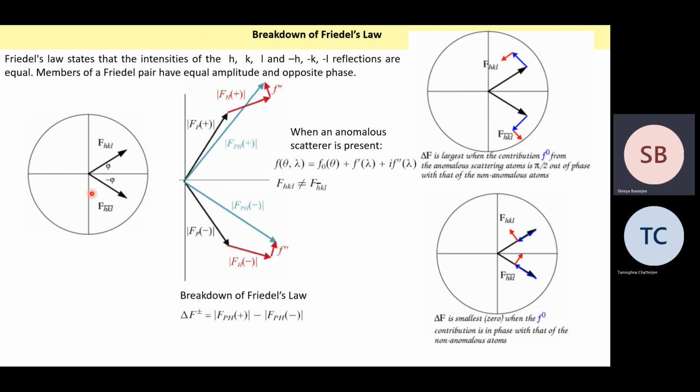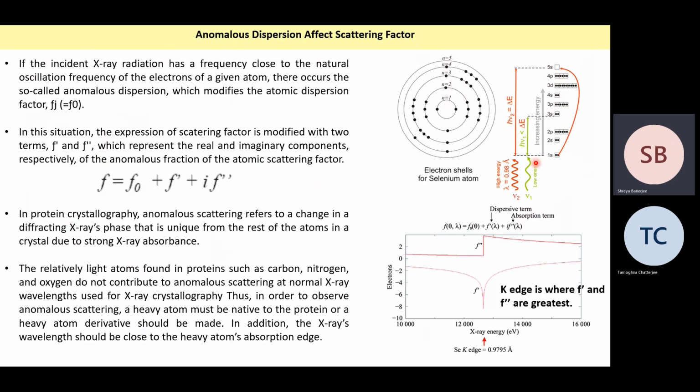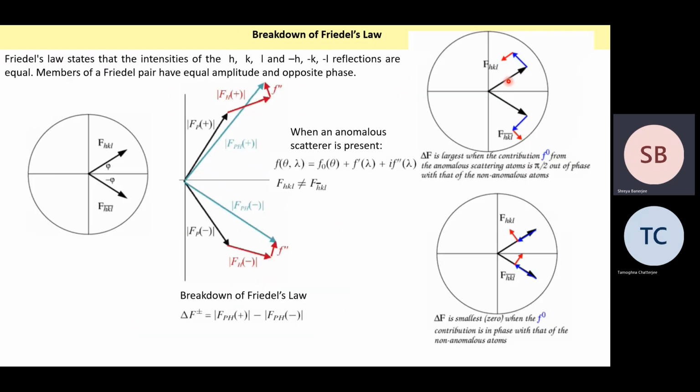So Friedel's law, that the magnitudes of the amplitudes should be the same from HKL and minus H minus K minus L, is no longer valid. Whenever there is an anomalous dispersion effect like this, that is, the energy of the X-ray is absorbed and then it is diffracted, Friedel's law is no longer valid.